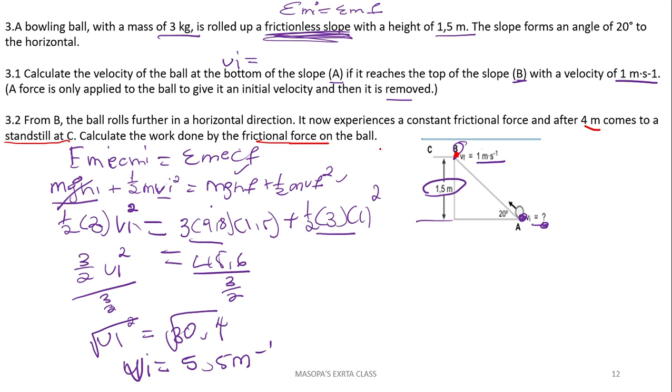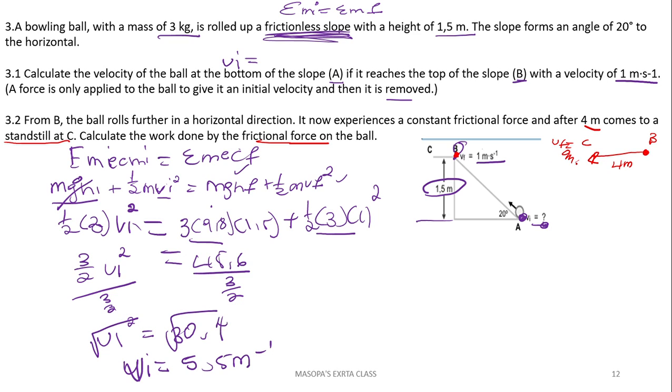So at B it continues in that direction, covers 4 meters, and then at C it is going to stand still. That means our final velocity at C will be 0 meters per second.